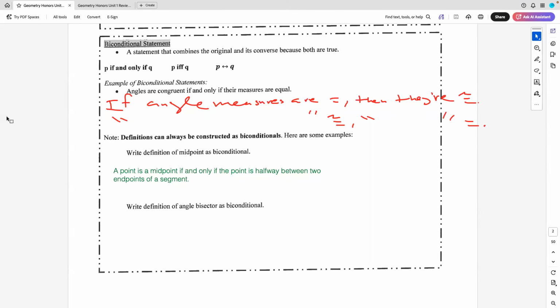Or for angle bisector, you could write it like this. So what does the angle bisector do again? Right. So an object that cuts an angle in half if and only if it's an angle bisector.